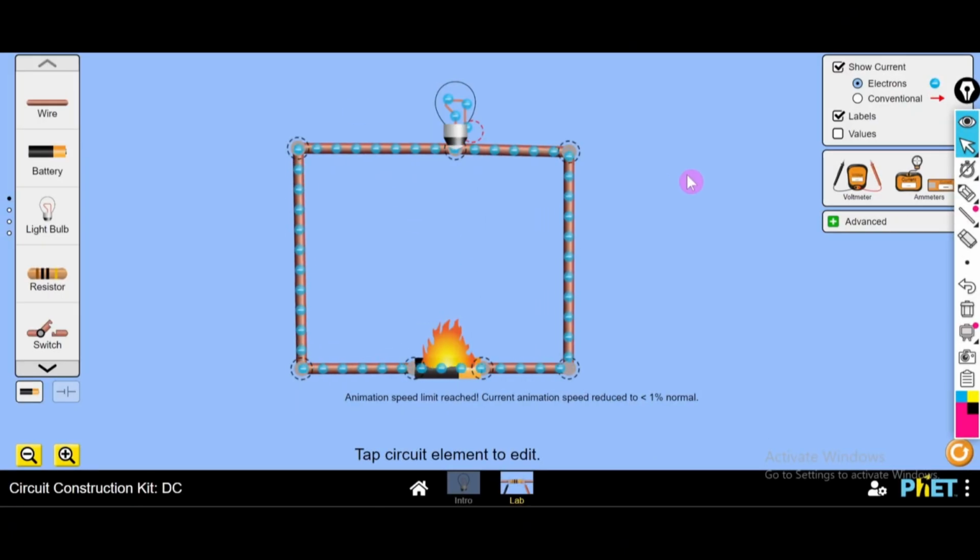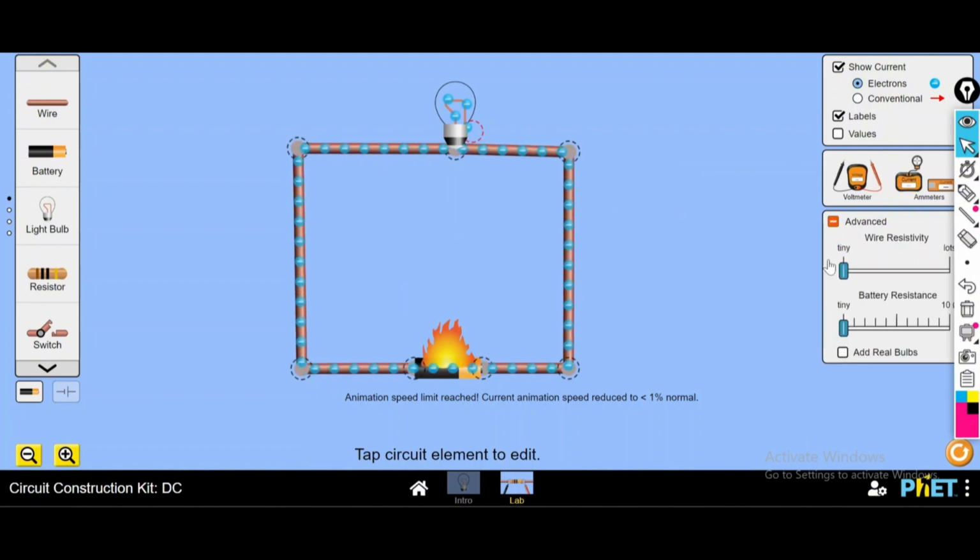Now we are going to the last simulation, which is pretty interesting. Here I am clicking on this advanced button, and now this is the battery which is connected through this wire to a bulb, and this is again connected to the battery.